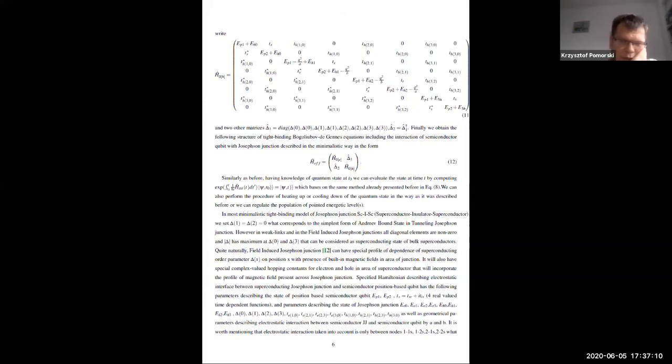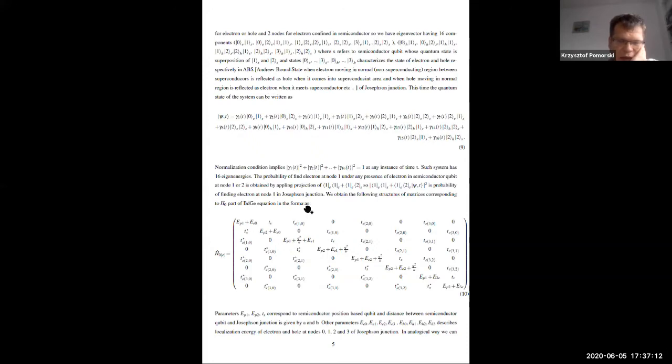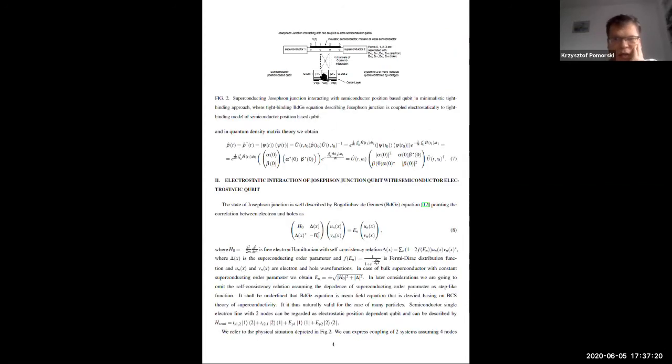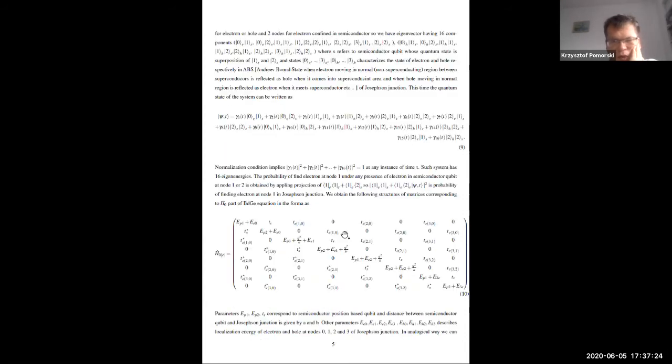You have to realize that these hopping constants express the kinetic energy of the electron or hole, hopping TE and TS, where TS stands for the semiconductor hopping constant.